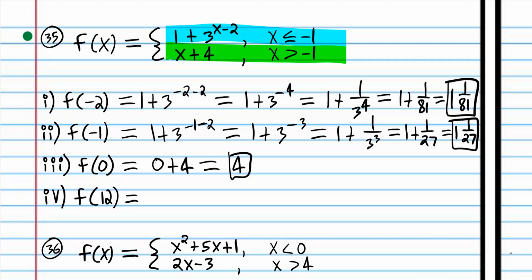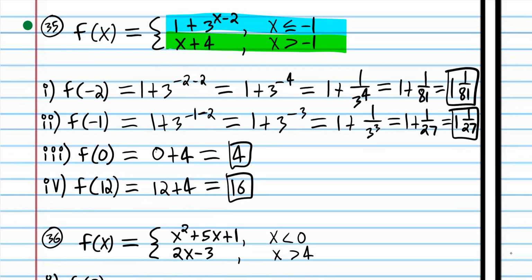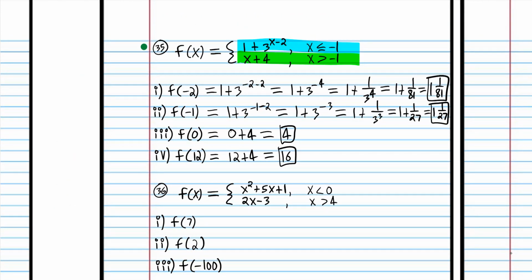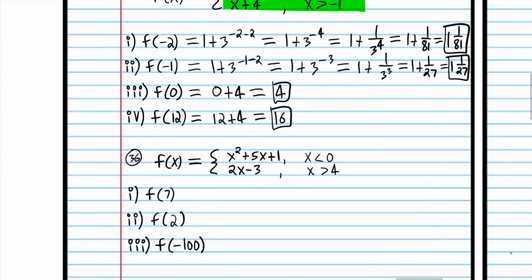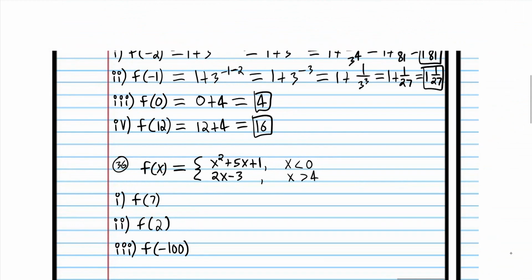So now our input is 12. That's going to be greater than -1, so that means we're going to use the green expression. So 12 plus 4 is equal to 16. So there you go. So if you got those answers, good job. Now try number 36. When you come back, we'll do it together.